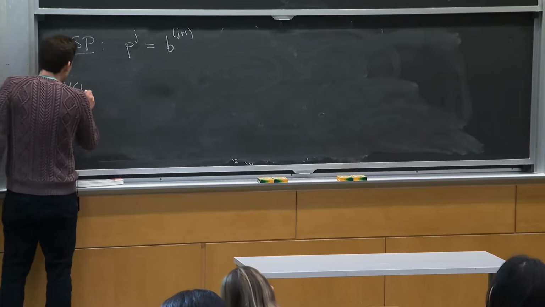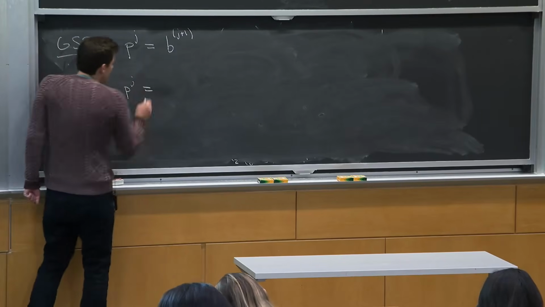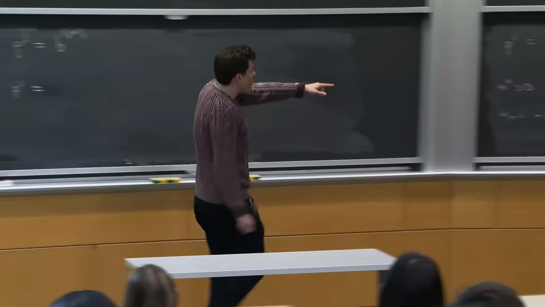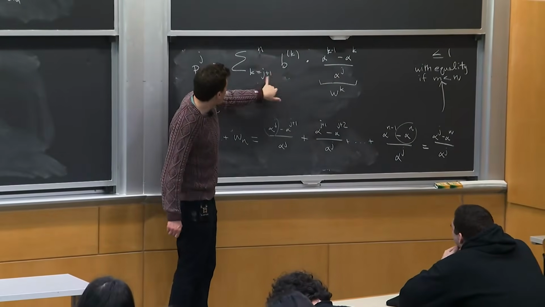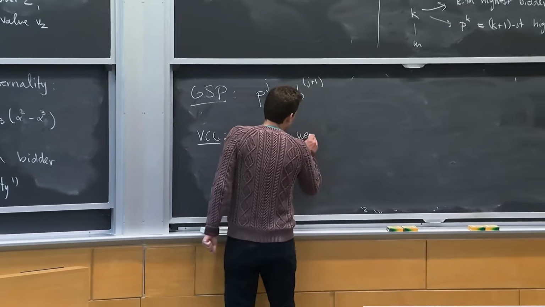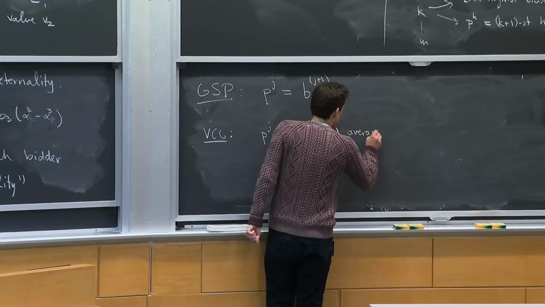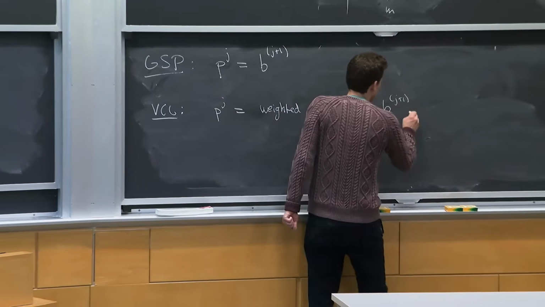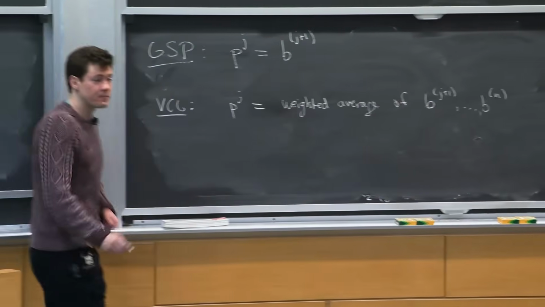Under the VCG mechanism, P_j, well, we have this formula over here, but let's just check. k ranges from j plus 1 to n. So we get a weighted average of all the lower bids.